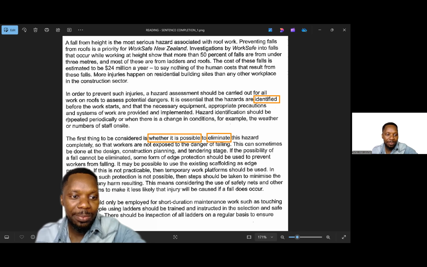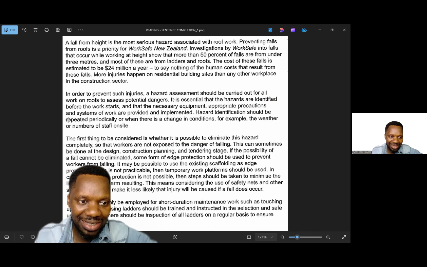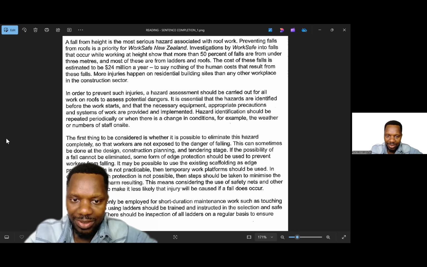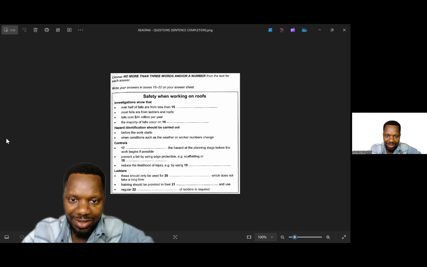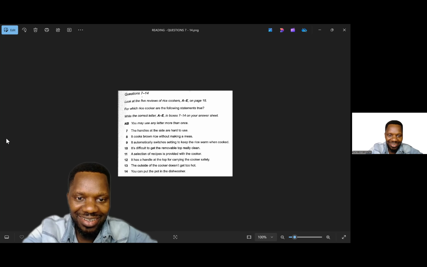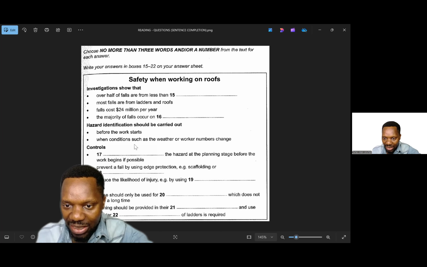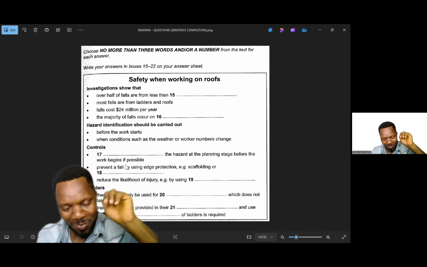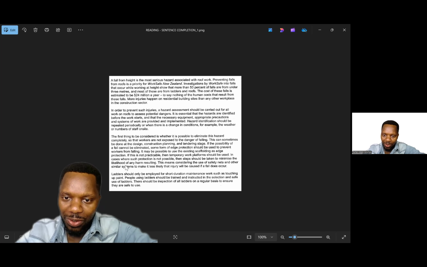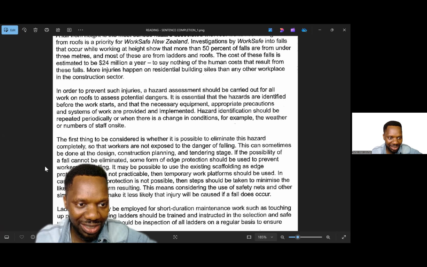But when you go back to the question, it clearly states dash the hazard at the planning stage before the work begins, if possible. If you're not careful and you go for identified, the sentence will not sound correct.